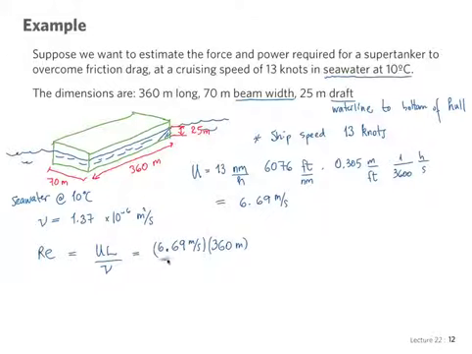And then we have nu, which is 1.37 times 10 to the minus 6 meters squared per second. The result is about 1.76 times 10 to the 9.